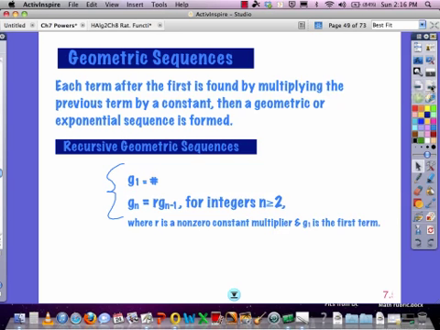So when we had our arithmetic sequences, we were adding a positive number or adding a negative number, which is like subtracting, to get the next term. So in these, the key piece will be multiplying by that constant. So in your work, check it. You're going to need to make sure these sequences of numbers have some multiplication going on in them.